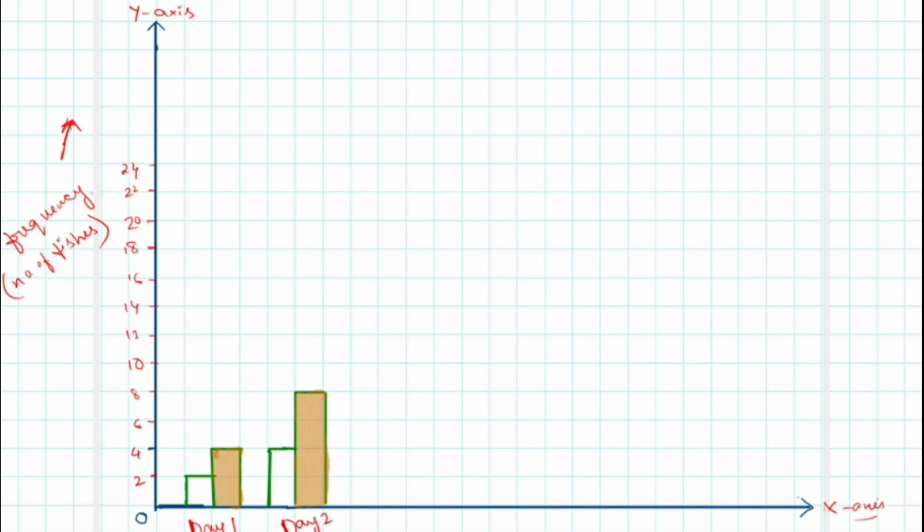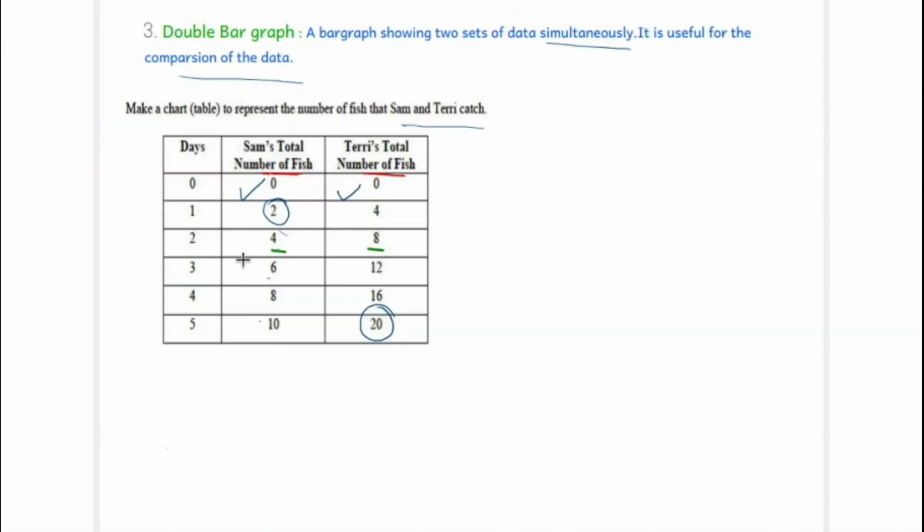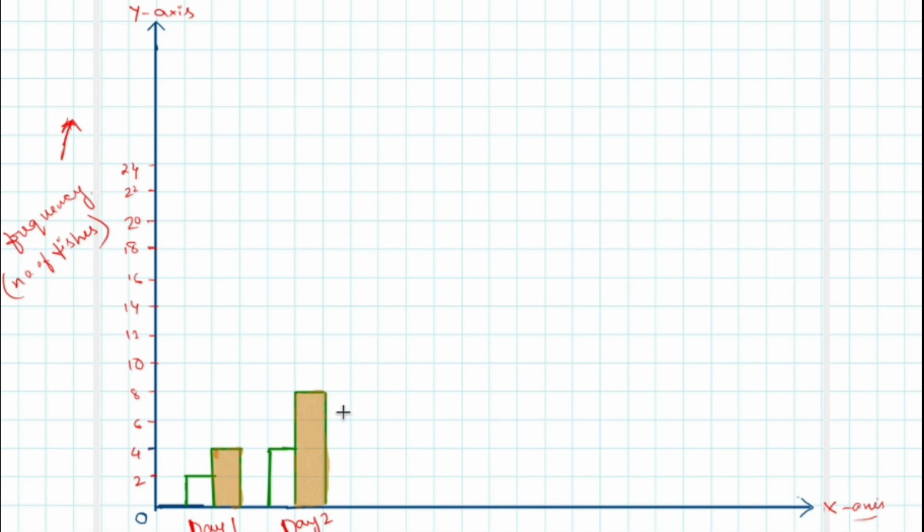Now for the third day, it is 6 and 12. Where is 6? This is our 6 after leaving one box. At 6 we will make a bar, and it is 12 for Terry.